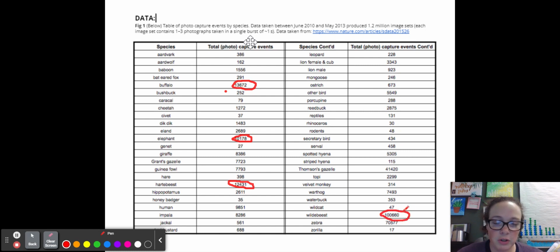We have wildebeest at 100,000. Zebra at 70,000. And Thompson's gazelles at 40,000. So all of these have populations of 10,000 or more, with wildebeest being even more than that at 100,000. What are some identifying features of these animals?